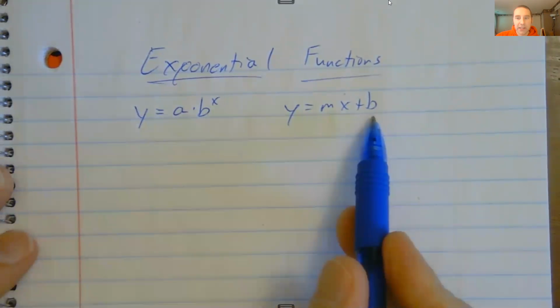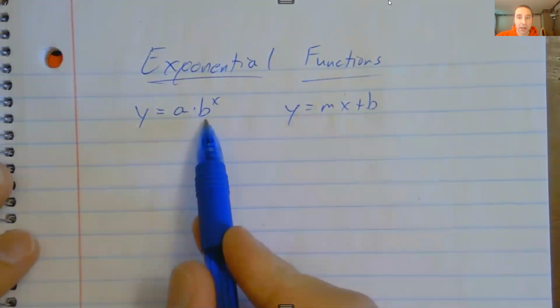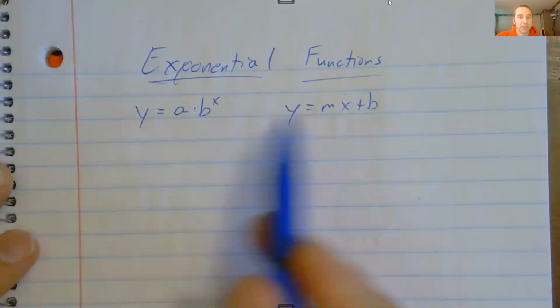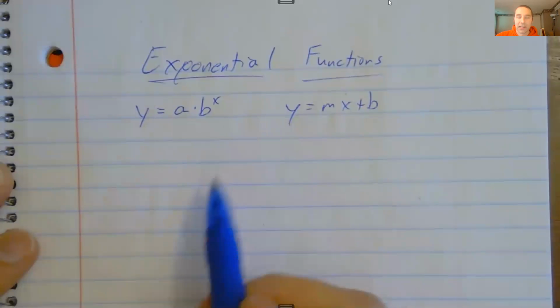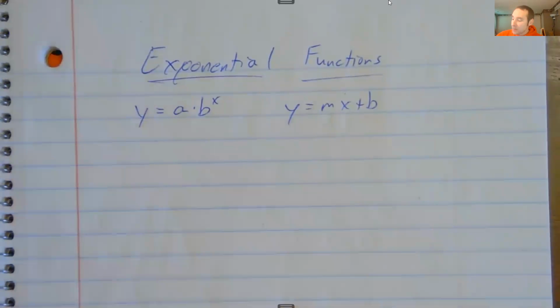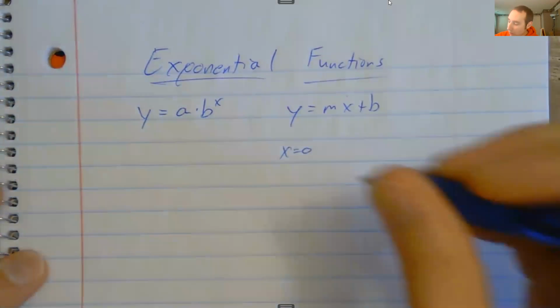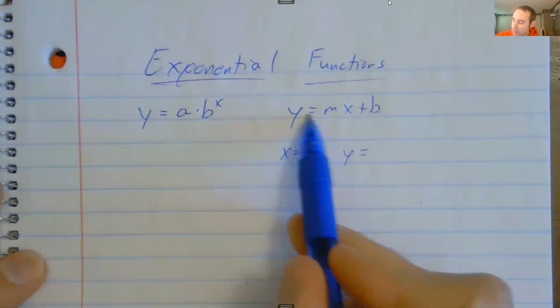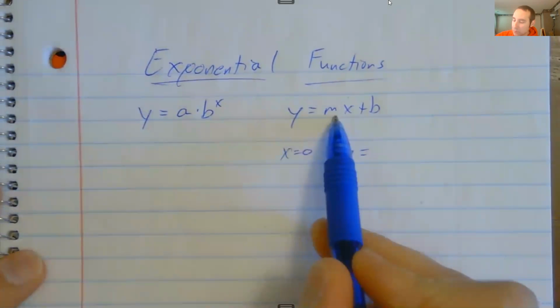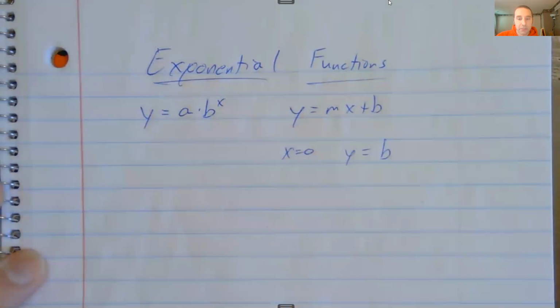This b over here that we know to be the y-intercept, or the starting value, is not the same as that b right there. So unfortunately, they decided to confuse us, and they're going to use different letters to represent our starting value. Remember, our y-intercept happened when x is 0. Our y value will be, well, y equals 0 plus b. Our y value is b.